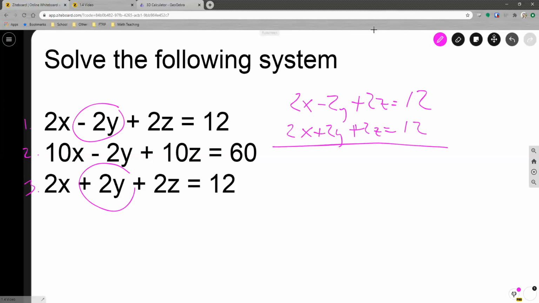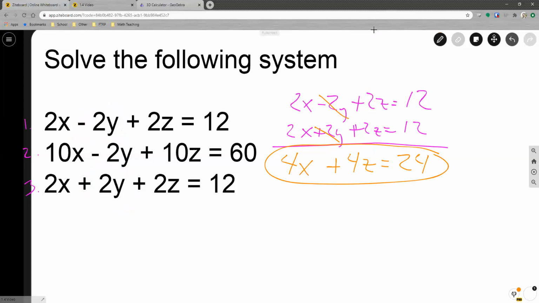If I add these together, I get 4x, -2, +2, cancel each other out. Great. 2z and 2z gives me 4z, and then I get 24. Step closer, let's stick that on the back burner.